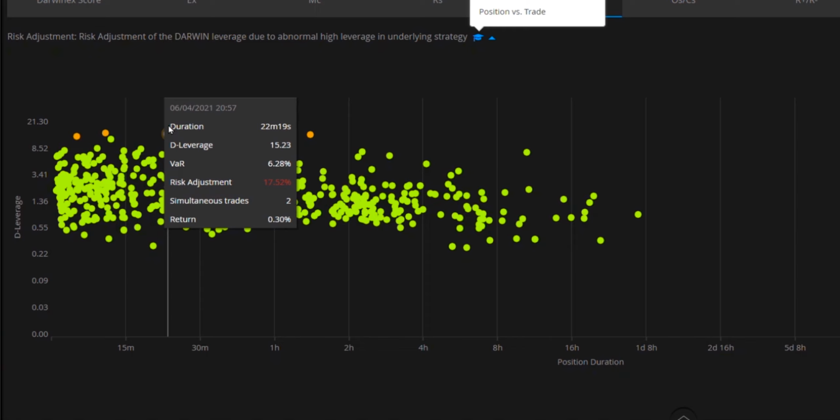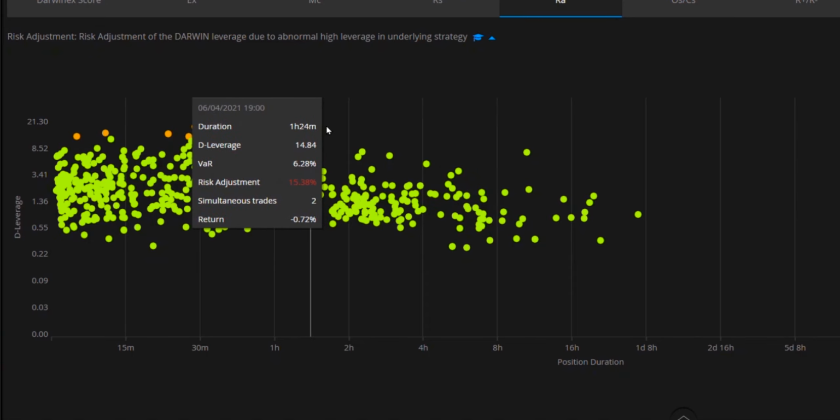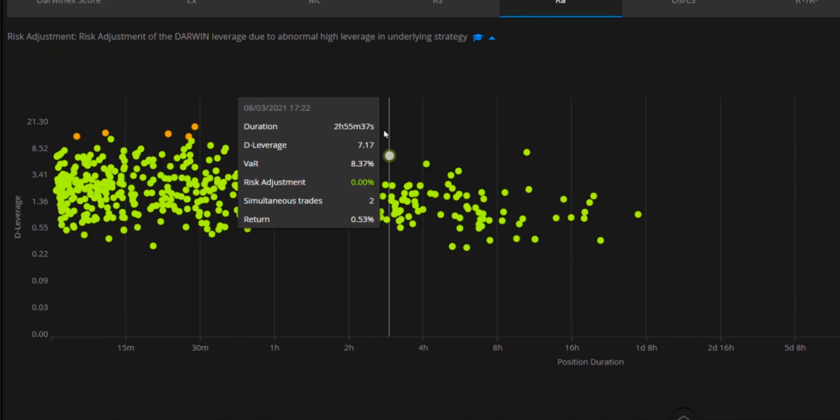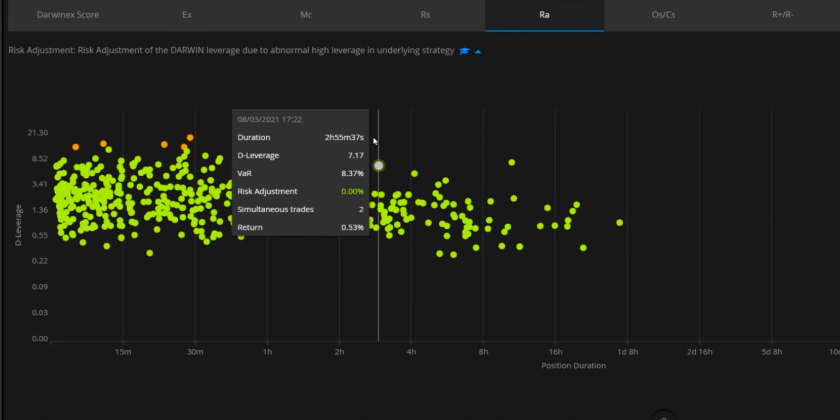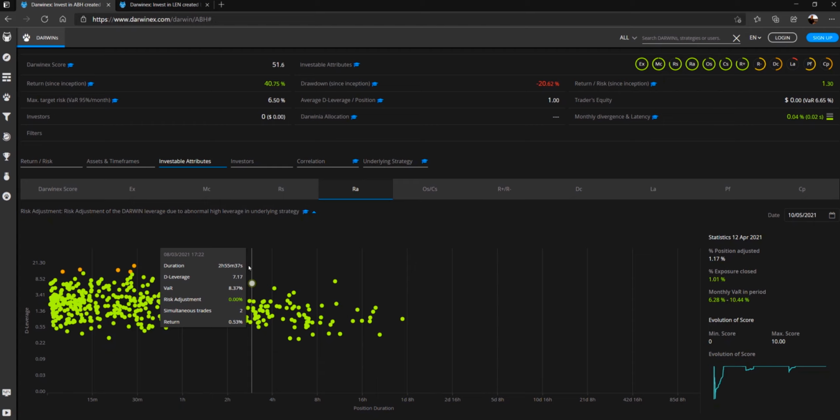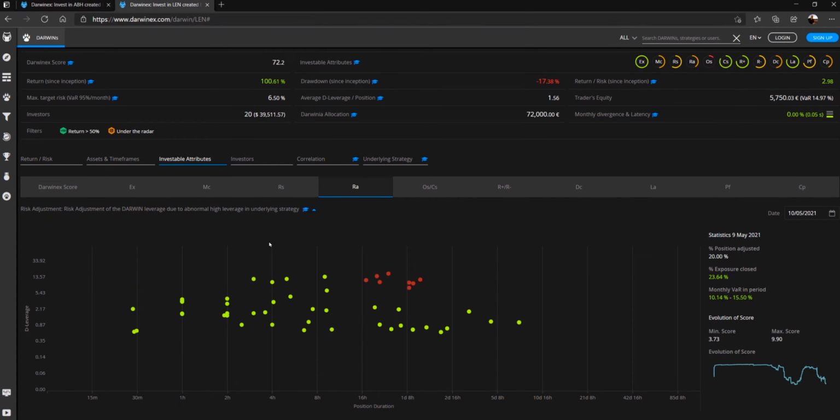However, the nature of these was such that it isn't considered to be bad practice by the trader. And so this doesn't detract from the score the trader earns for this investable attribute. But if any of these dots were showing as red, then this indicates there's a more severe level of risk adjustment that was required. So let's take a look at a strategy that exhibits this behaviour.